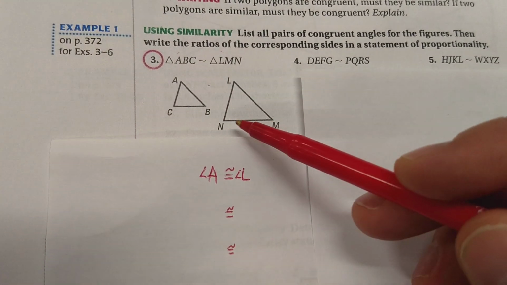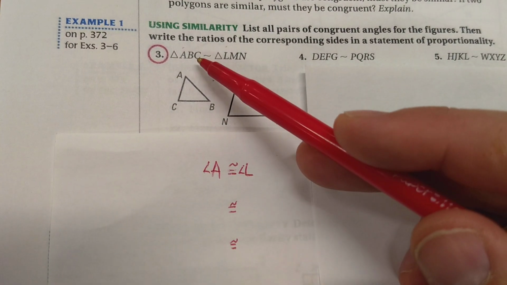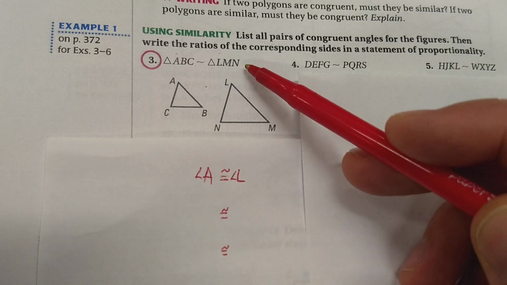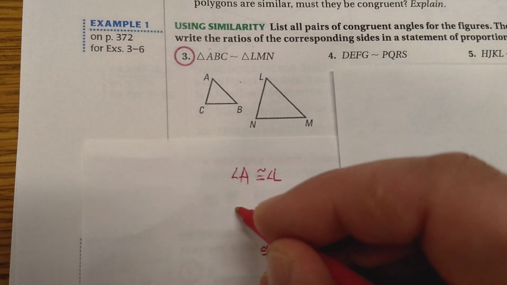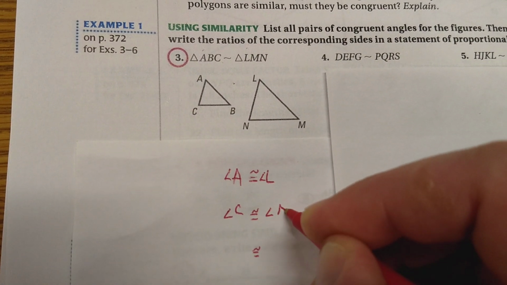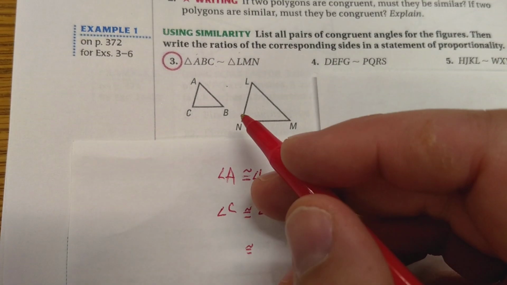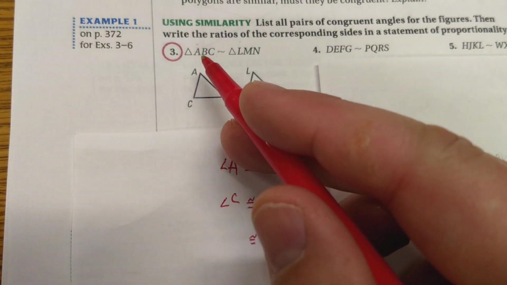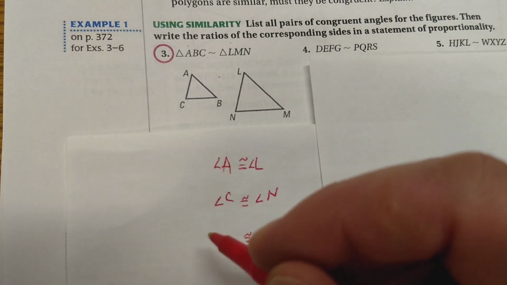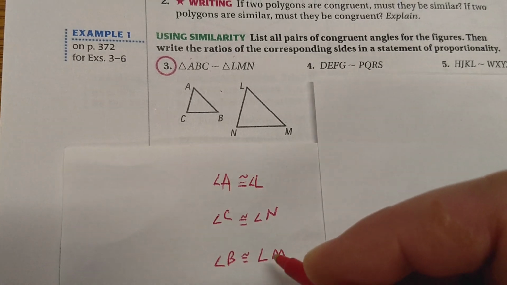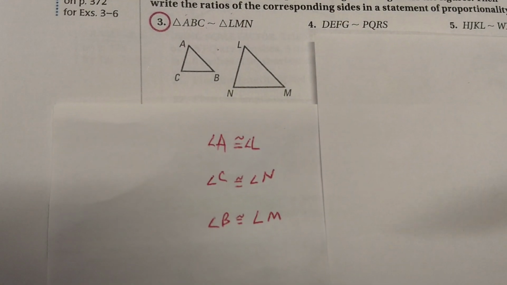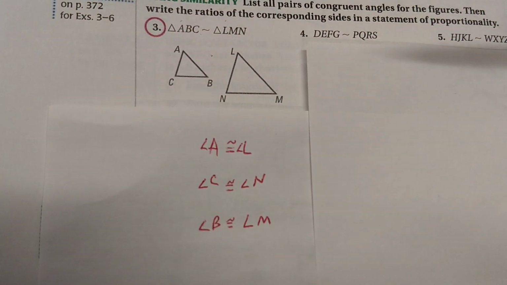I'd look at C and N, and I think those go together, but really the reason they do is because it's written in the third spot up here. So angle C and angle N. And then finally B and M, because they are in the middle of those similarity statements. Angle B is congruent to angle M. Okay, so those are three angles that we know are congruent because the triangles themselves are similar.